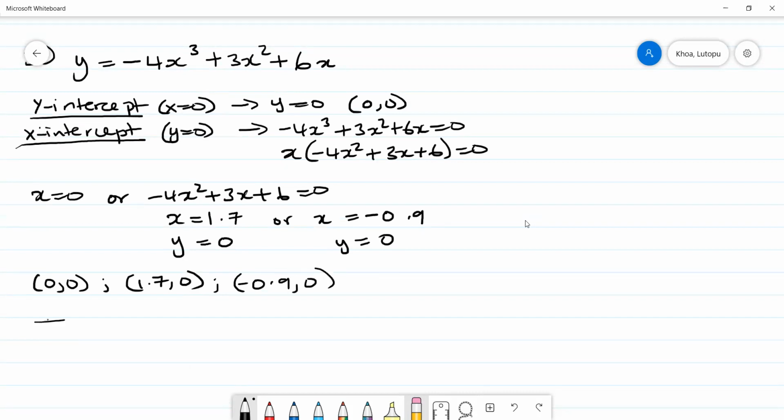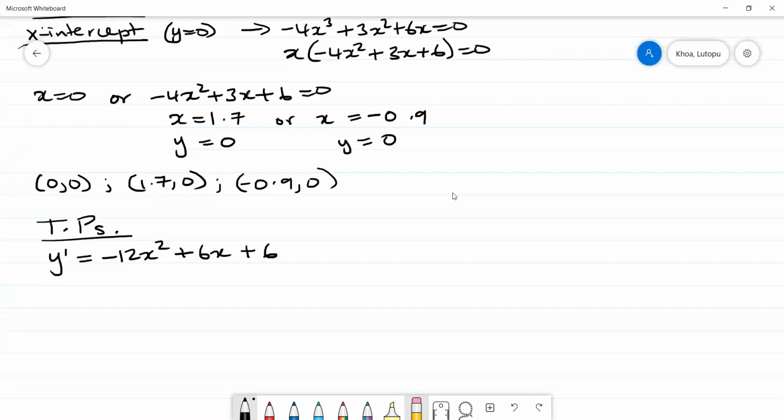Okay, then our turning points. Remember, at the turning points, y prime is equal to 0. So we differentiate. I have minus 12x squared plus 6x plus 6. And then we equate to 0.